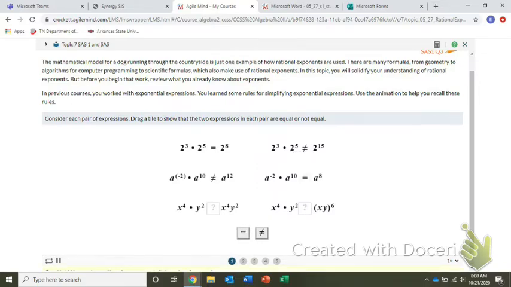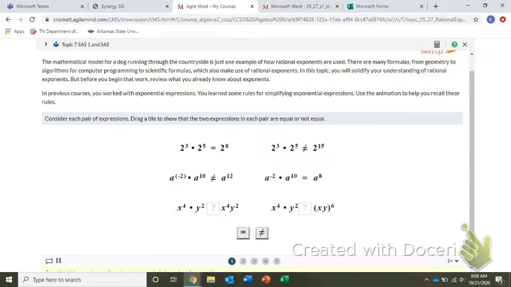Now, on these bottom ones, this is where it might get tricky. So, we have an x and a y. Are those bases the same? No. So, I cannot add those exponents. Okay? But what I can do is exactly what they've done here. I just rewrite it. X to the 4th, y to the 2nd.